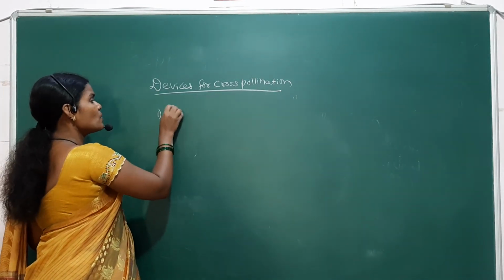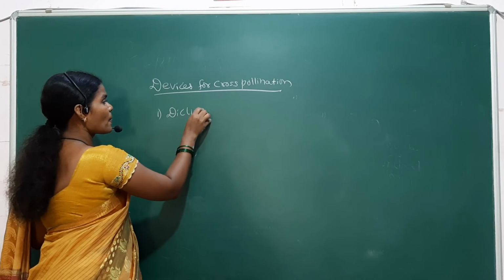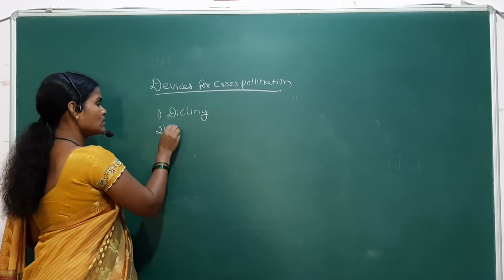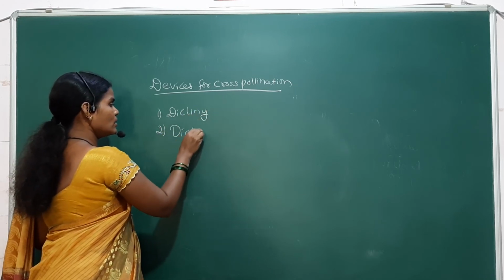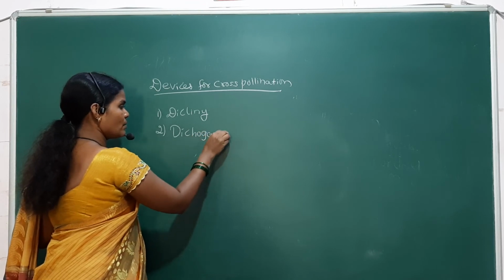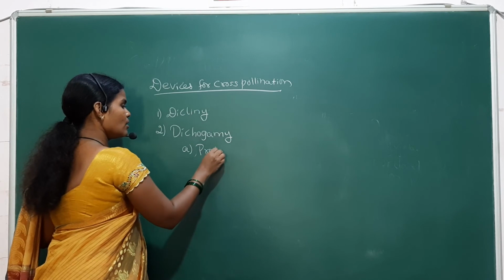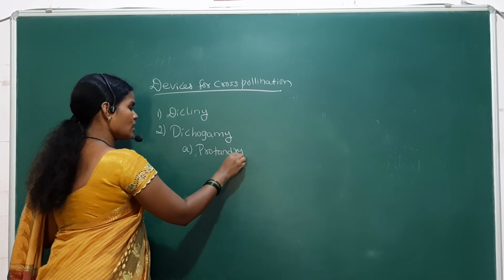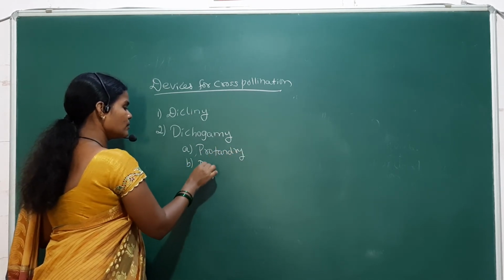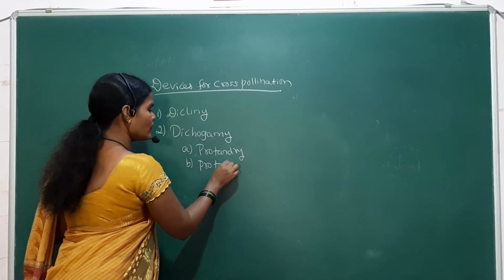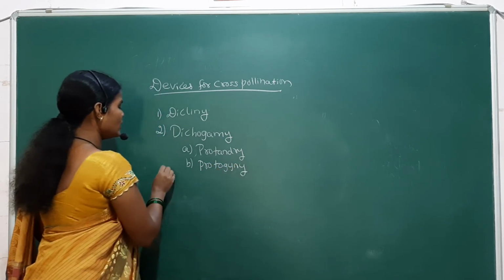Okay, so the first one is dicliny, the second one is dichogamy, and in dichogamy two conditions are there, protandry and protogyny.